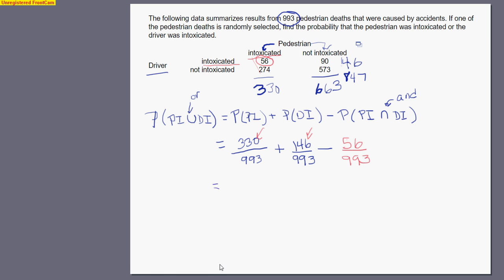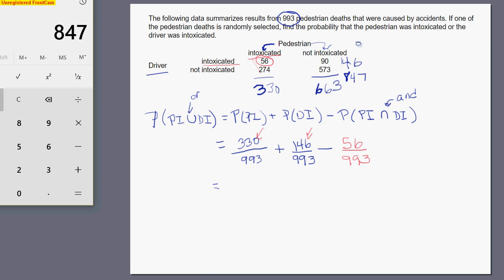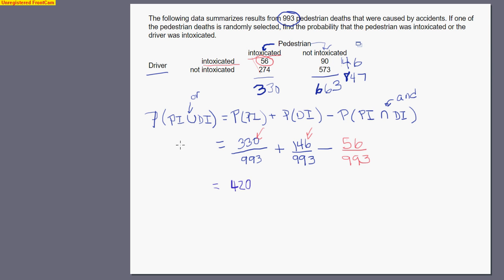All right, let's do the math on our calculator. I take 330 plus 146, and then subtract off that 56 that gets counted twice, and we get 420 out of a possible 993.